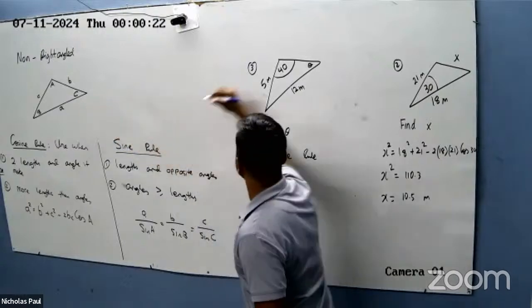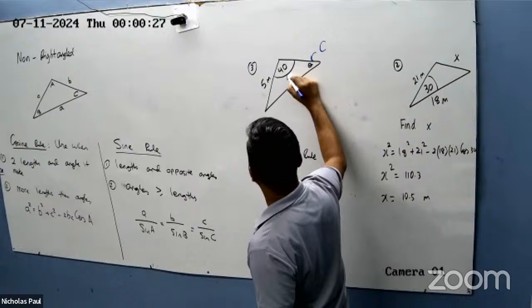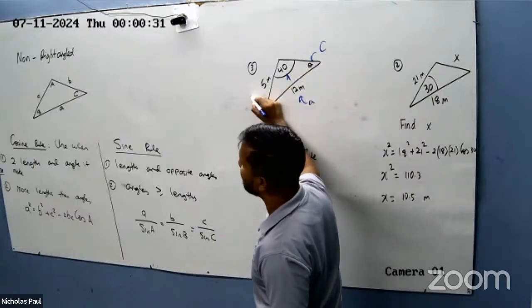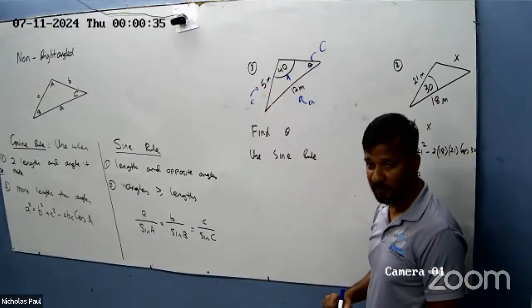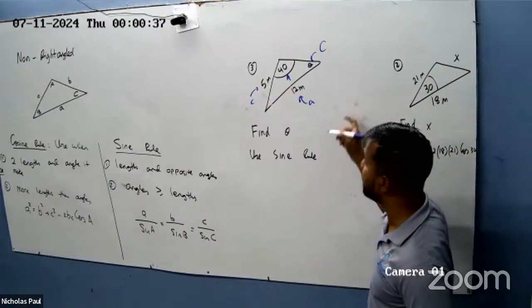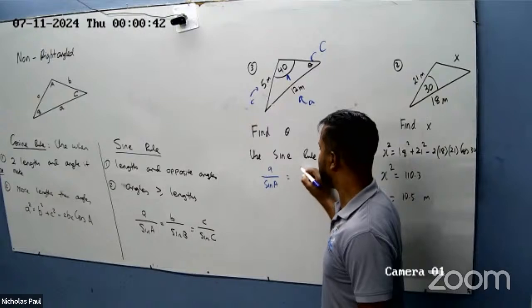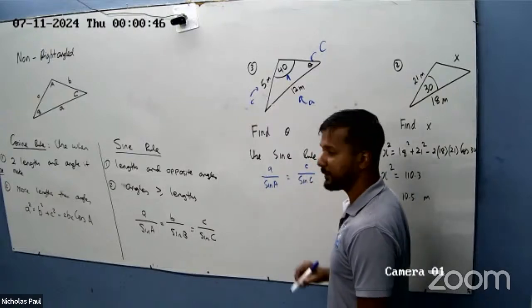Let's call theta big C, 40 capital A, 12 lowercase a, and 5 lowercase c. You okay with that? Now we're going to use the rule a over sine A is equal to, in this case, c over sine C.